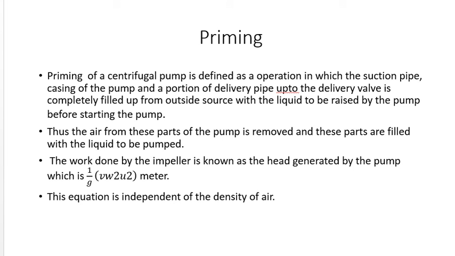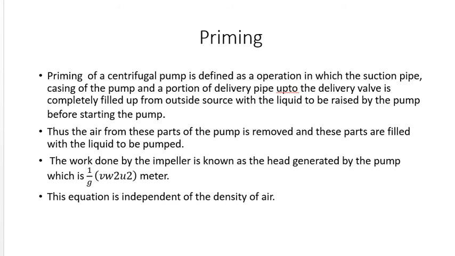We all know the work done by the impeller is equal to 1 by g into Vw2 U2, which is equal to the head imparted by the pump. So you can see with this equation that it is independent of the density of the liquid. It means that when the pump is running in air, the head generated is in terms of meters of air.